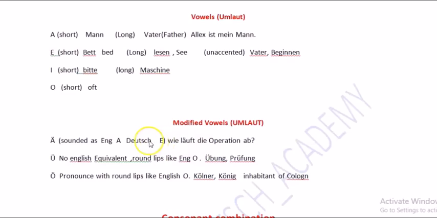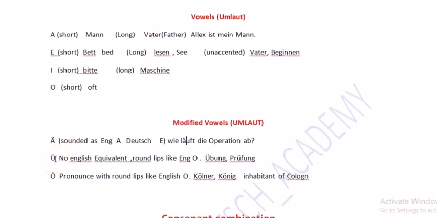It is pronounced like this word. But actually here it is an umlaut. So now we are coming to the next letter.